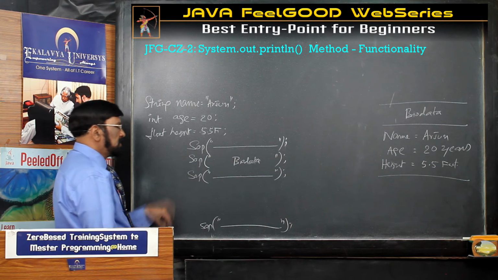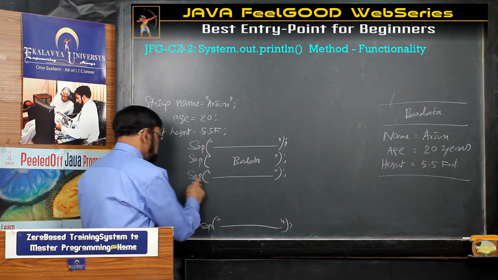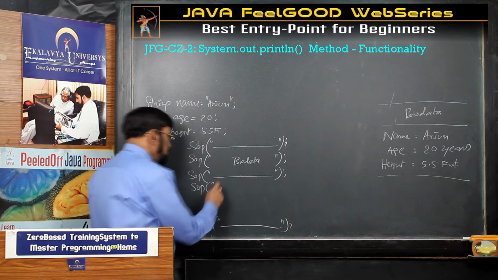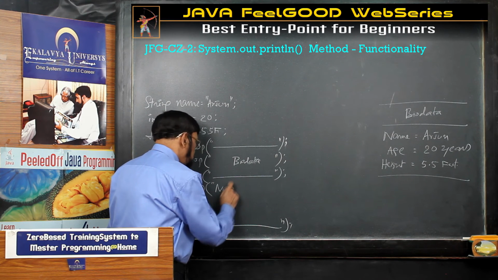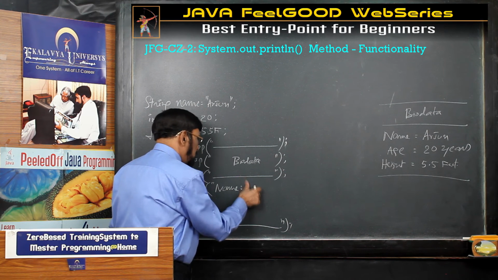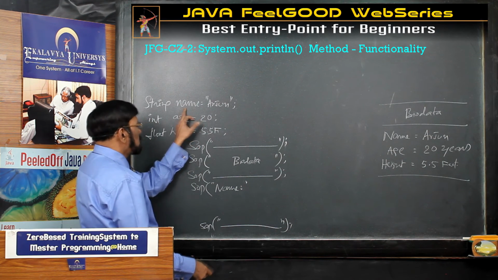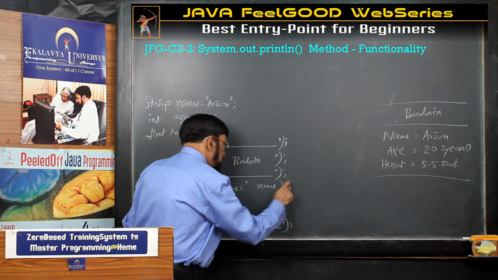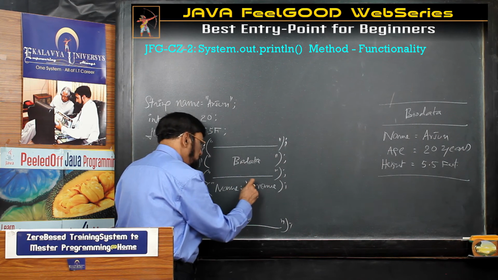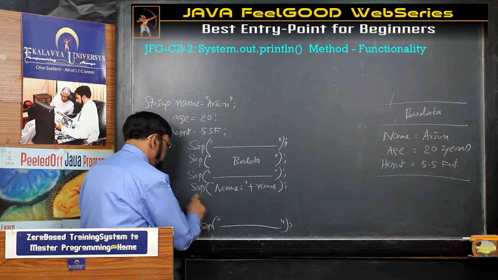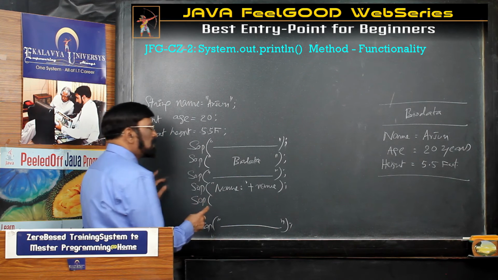Now in between, 3 elements are there. Already I explained to you, however I am explaining again. One label you require. What is the label? Name. This you require. And where name is stored, that you write. In a variable it is stored, that you write. In order to join both, this you have to write. Next, SOP. What is that? Age.